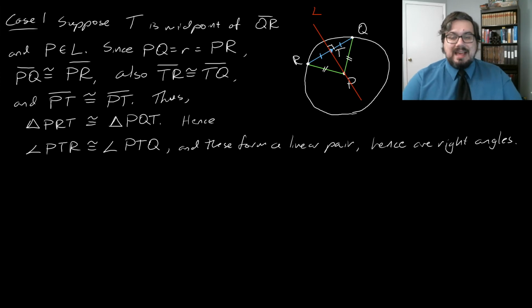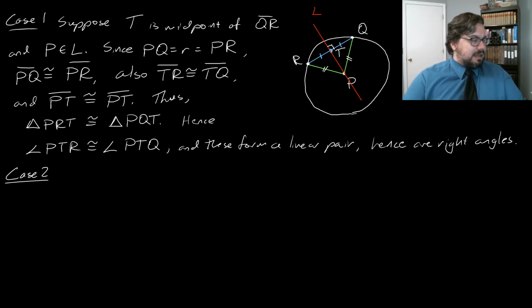The two angles at T form a linear pair and are congruent, therefore they're right angles, which means that, of course, L is perpendicular to the line QR. So that's case 1. Let's look at case 2. So let's now suppose that L is perpendicular to the line QR.